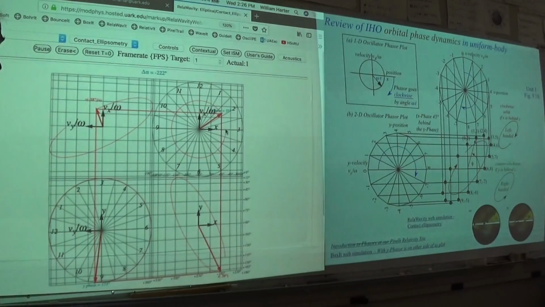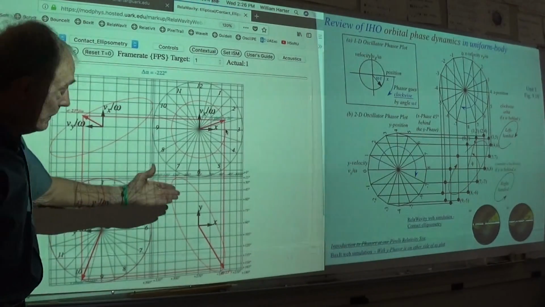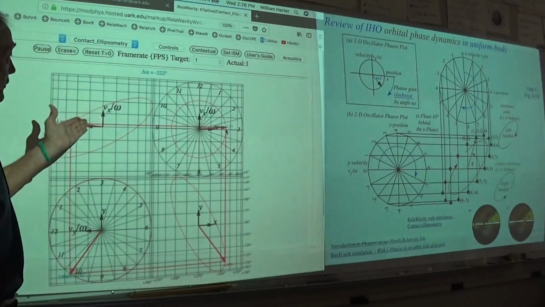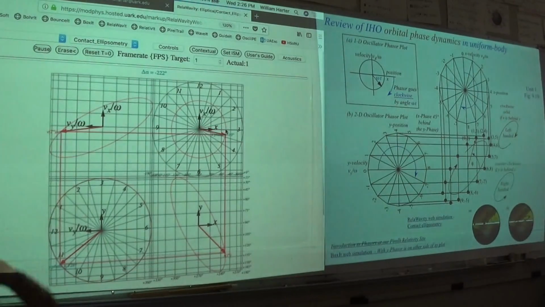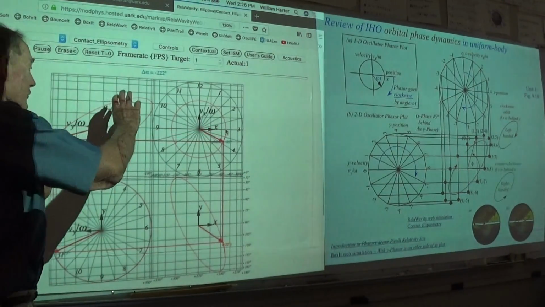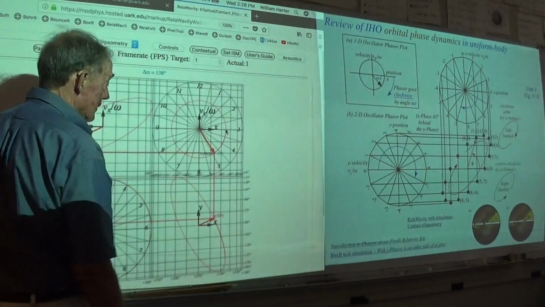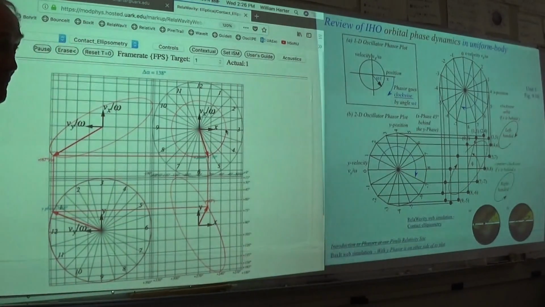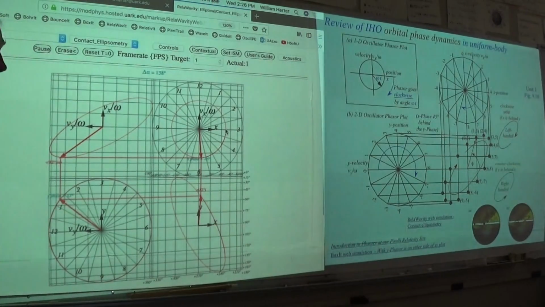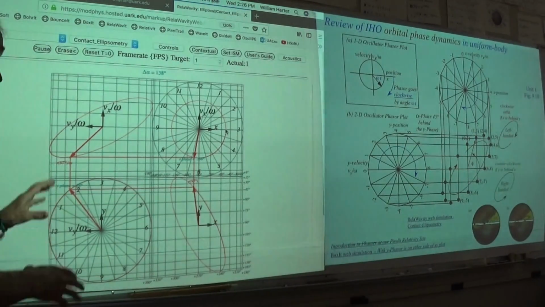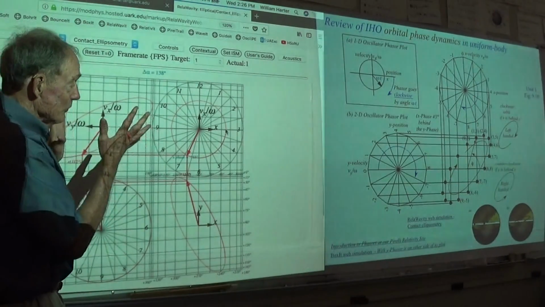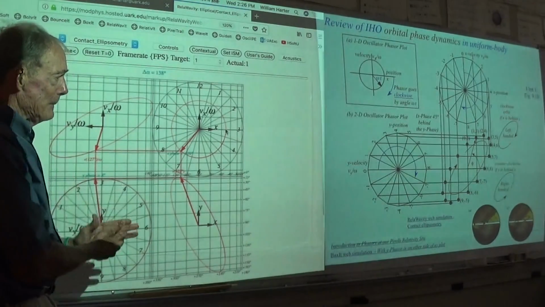So there's another ellipse. This is the spatial ellipse. This is the velocity ellipse. Again, I turn this thing by 90 degrees. It lies on top of that one. Okay. Now that particular feature, we're going to use another kind of geometry to show that.